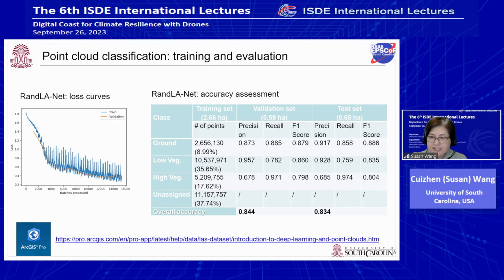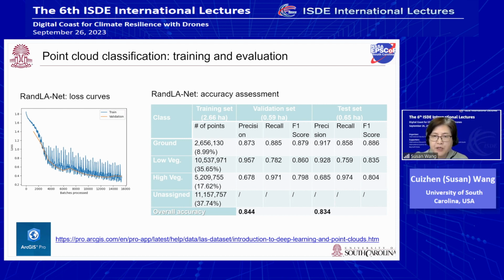Low vegetation has higher precision, and the high vegetation has higher recall rates. I'm not going to talk too much details there, but in short, 84% of overall accuracy, that makes it a valid and meaningful exercise for point cloud classification. Here are the general results.